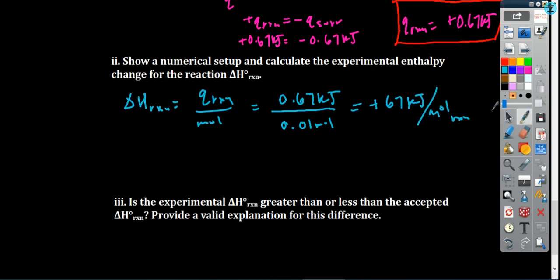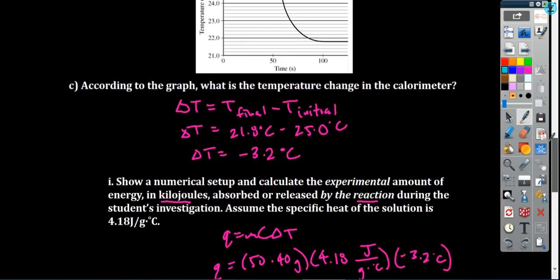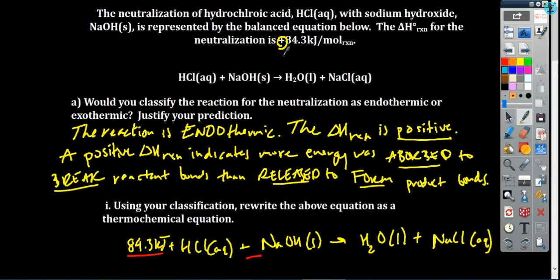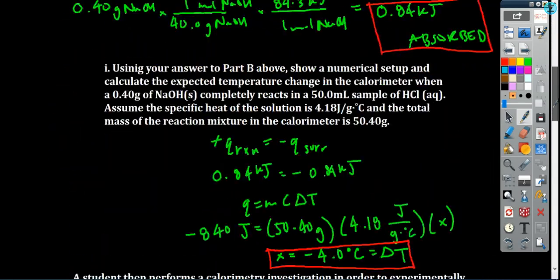So what we've done is we've figured out, based on our experimental data, that if I were to react 1 mole, I would only need 67 kilojoules, and that's less than what we were told the delta H of the reaction was at the very beginning.